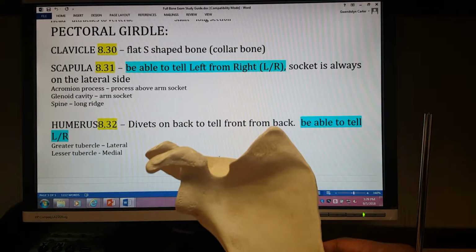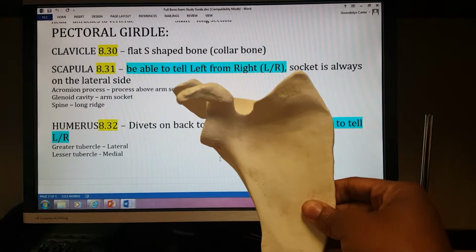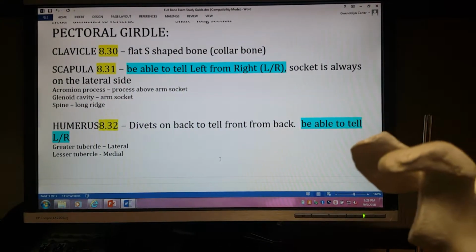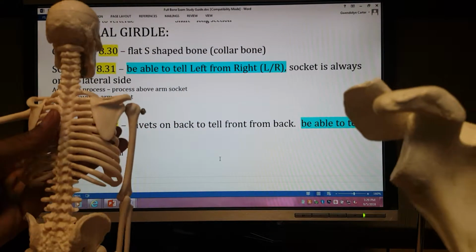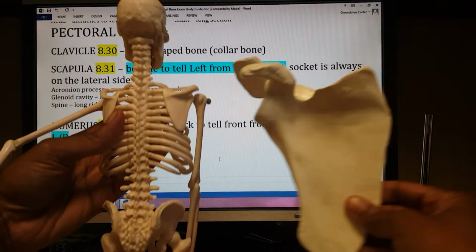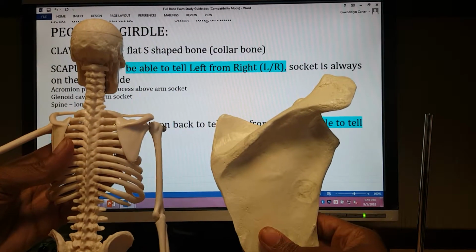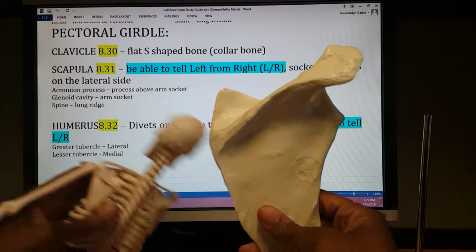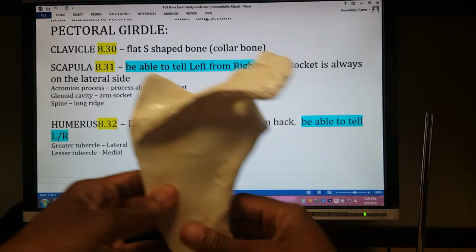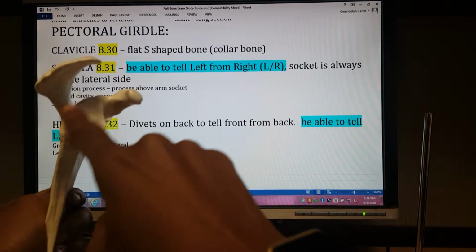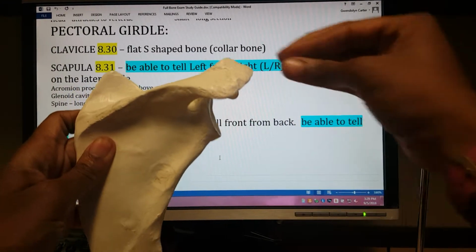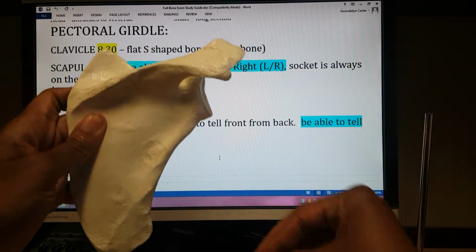You do have to be able to know the difference between left and right. So here's our little reference skeleton. This actually should go in the back this way. Looking at our skeleton, the socket portion here, called the acromion, is going to point out, so your arm's going to attach to this side.